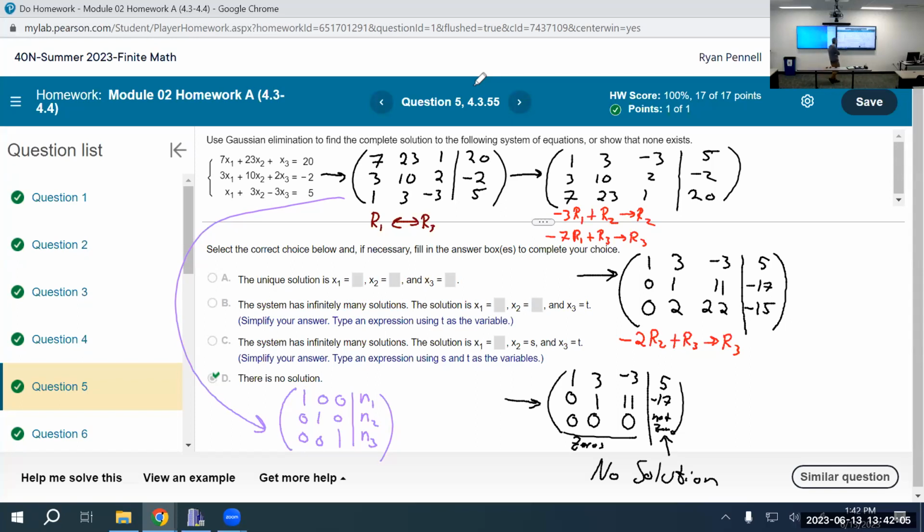So we were either going to get a unique solution, and that's what we get in number 3, which we haven't gone over yet, or we get no solution, or we could get infinite solutions with 1 free variable. That could happen, but in this case, we found no solution because one of the rows zeroed out, but the solution didn't.